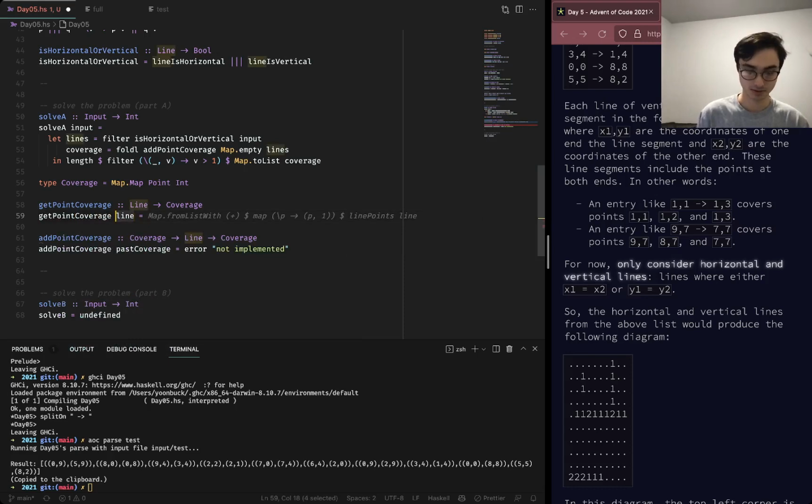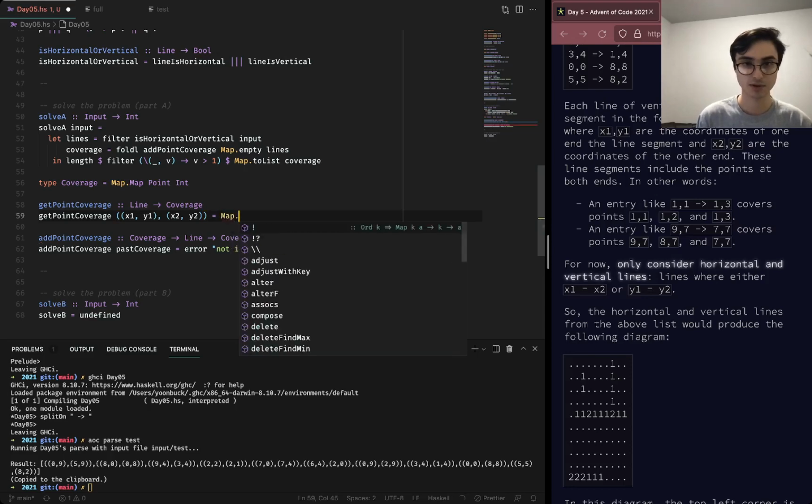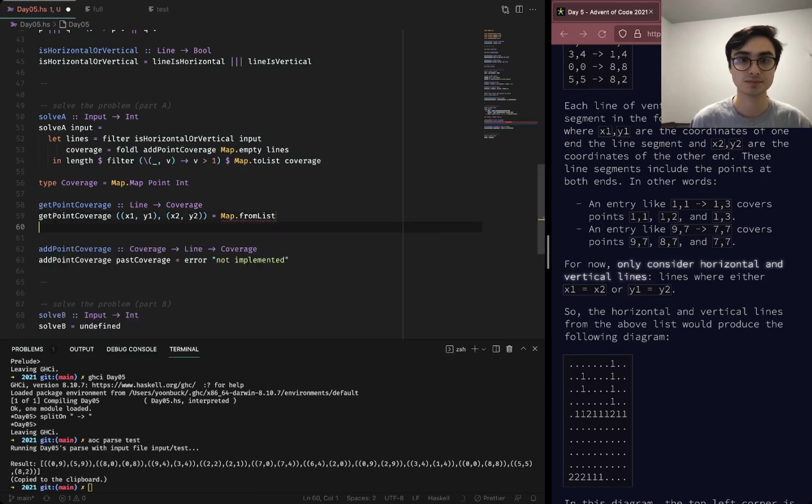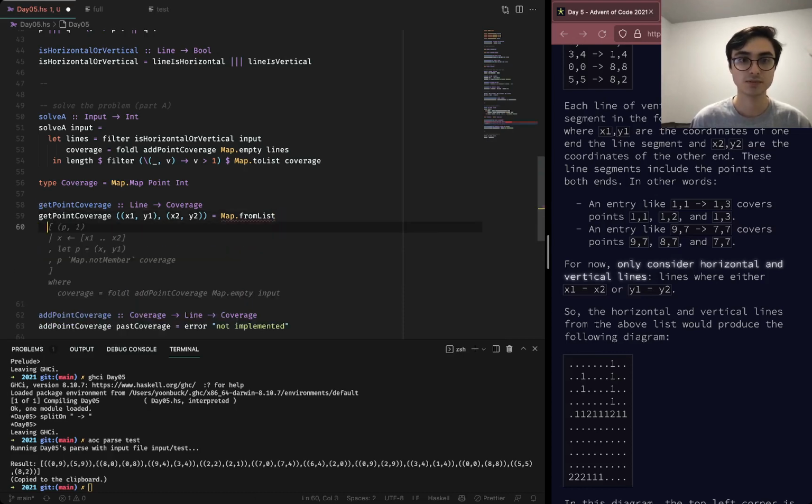Okay, so it's going to be x1, y1, x2, y2. Map.fromList. I don't like this. I want to get all the points that are covered by that line.